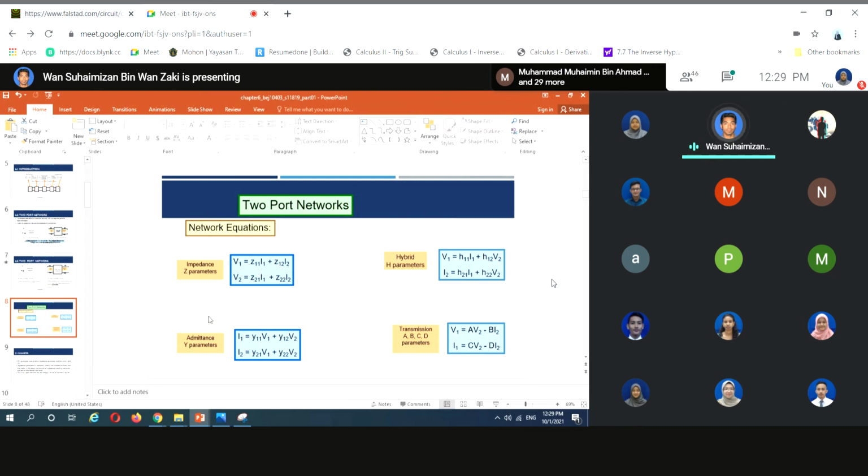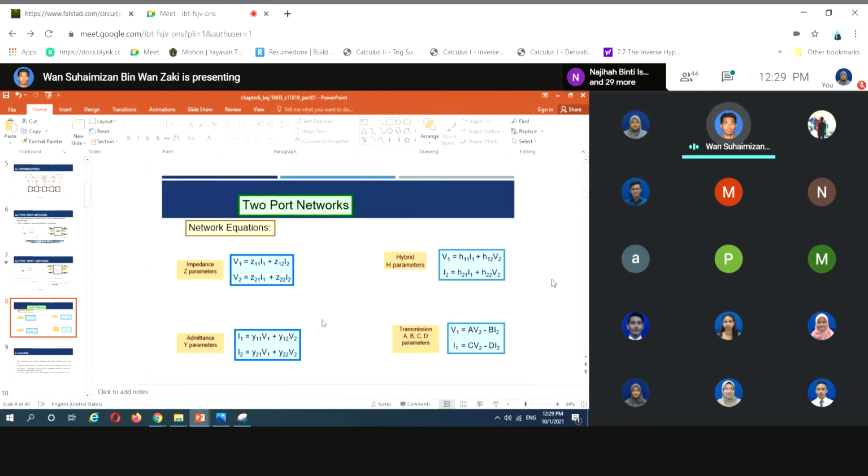If the question asks you for admittance parameter, you need to refer to this general equation. From this general equation pun you kena tahu kan. So kalau macam ni kita ada V1, V2, I1, I2. So need determine Y11 means you need to set V2 equals to 0. So when you set V2 equals to 0 means that you short circuit.